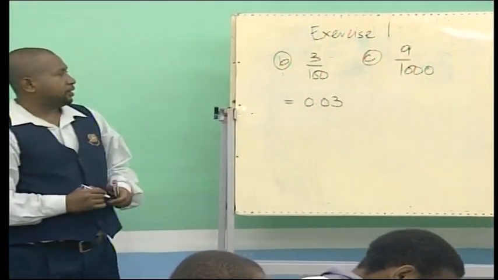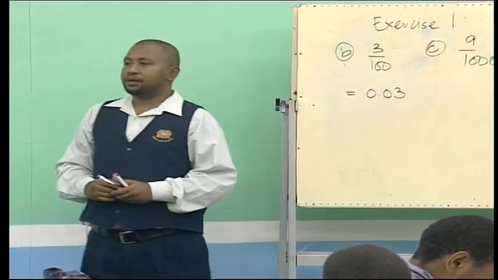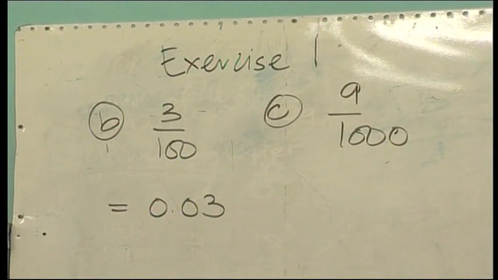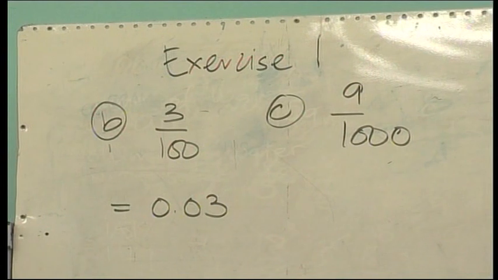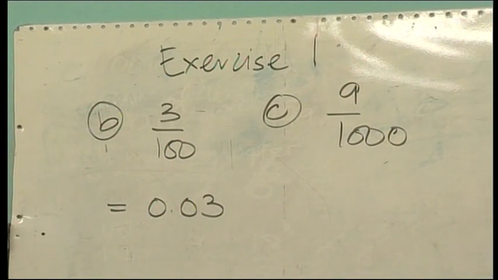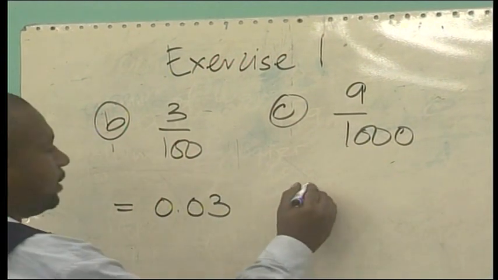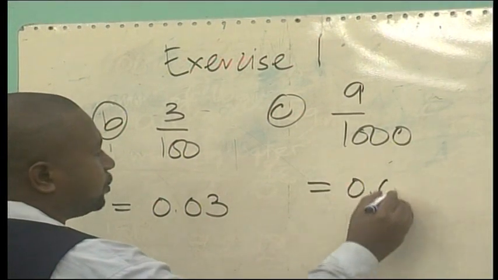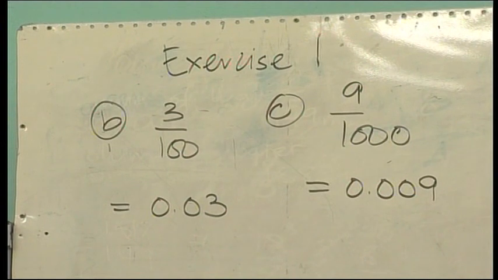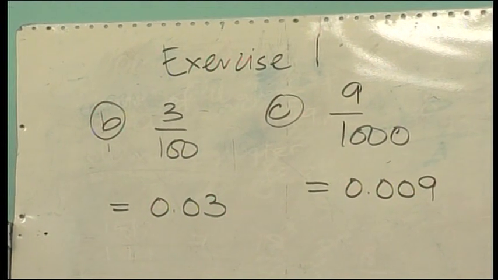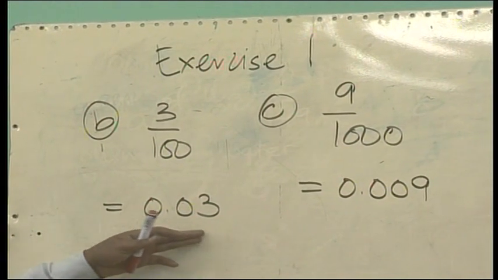Very good. C. Isaac. 0.009. Okay. 0.009. Very good. Grade 7s and students, the first exercise, you should have 0.03 and 0.009.